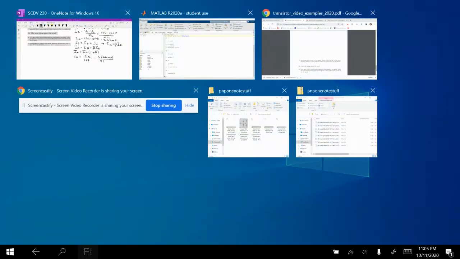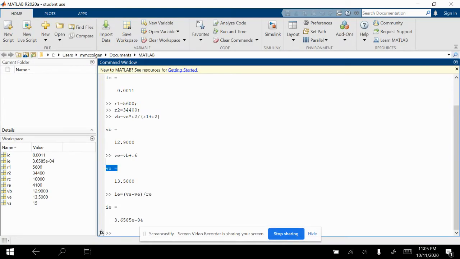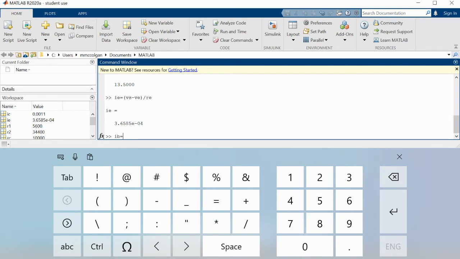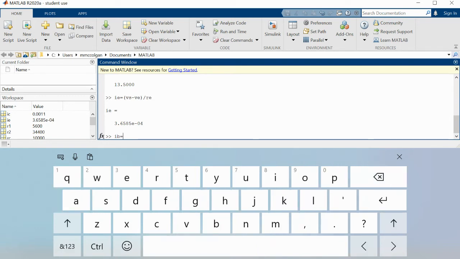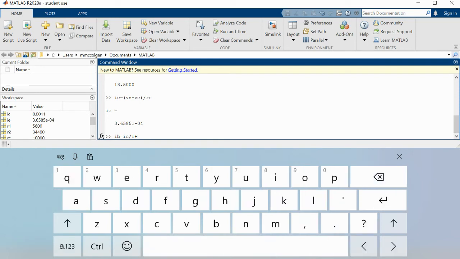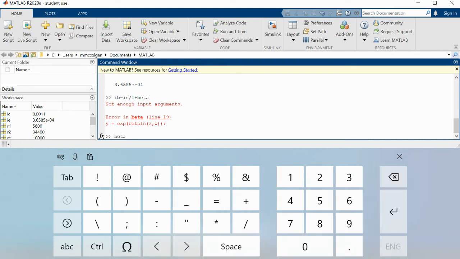Okay, so let's go back to MATLAB here, and we have IE. So I know IB is going to equal IE divided by, did I plug in beta yet? Let's see, I kind of think I did not. Yeah, not yet. Okay, so we're going to call beta equal to 90.